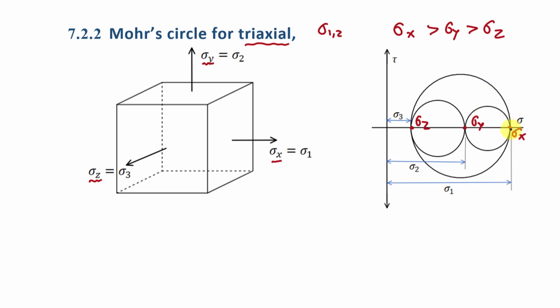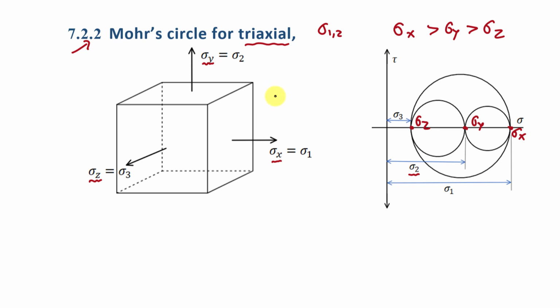And here, this point shows the maximum principal stress sigma 1, this point shows the minimum principal stress sigma 3, and this point shows the principal stress sigma 2. So I hope that you understand how to draw the Mohr circle for triaxial loading condition. This topic is not so important from the GATE point of view, but here I am showing you only for your understanding.